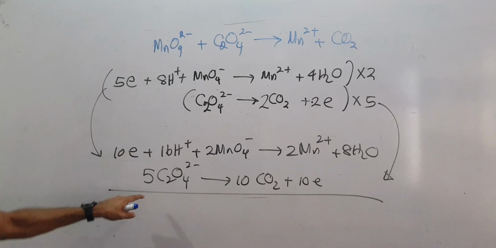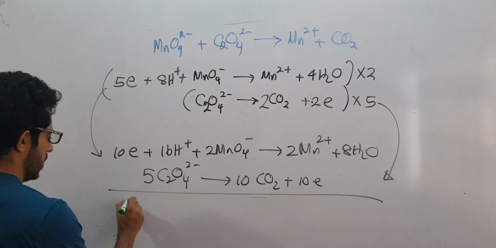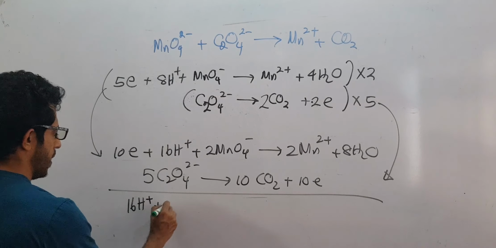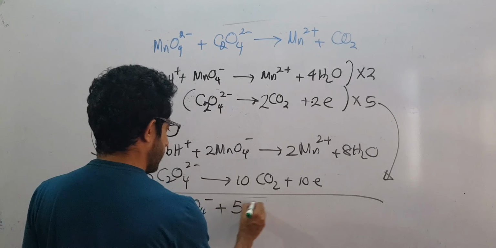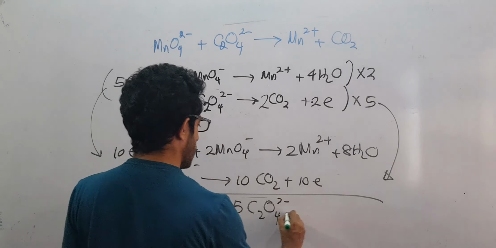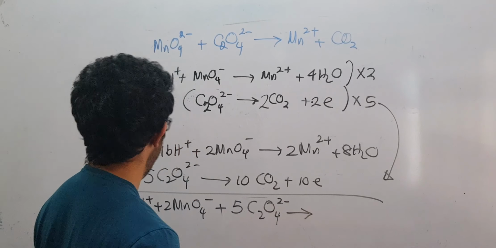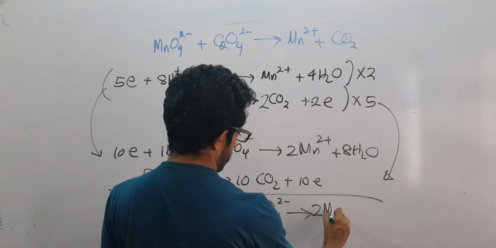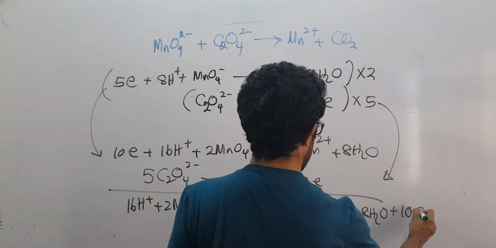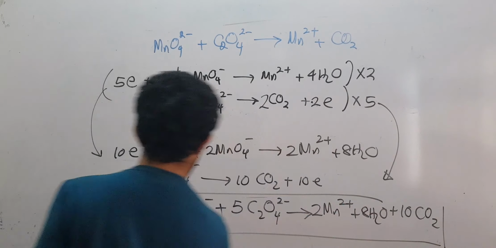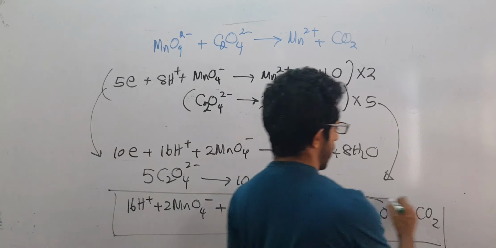I am going to add these, the electrons get cancelled off, 16H plus, 2 MnO4 minus plus 5 C2O4 2 minus, that gives you 2 Mn2 plus, 8 H2O plus 10 CO2. So that is the balanced reaction.